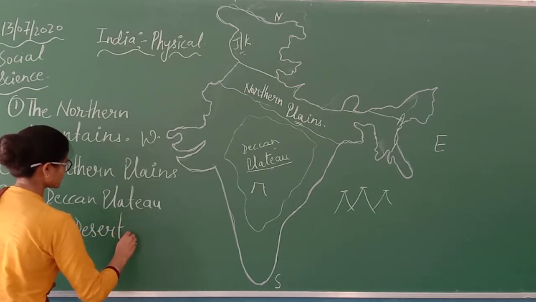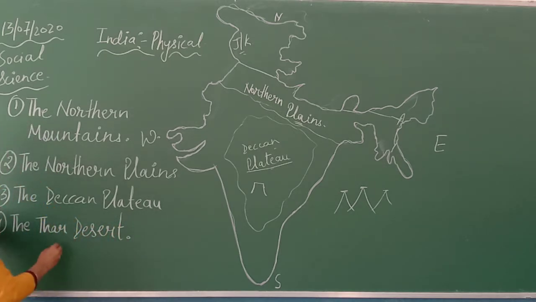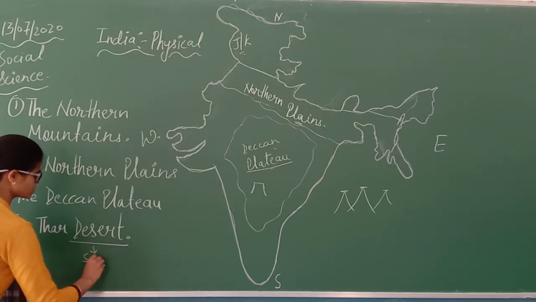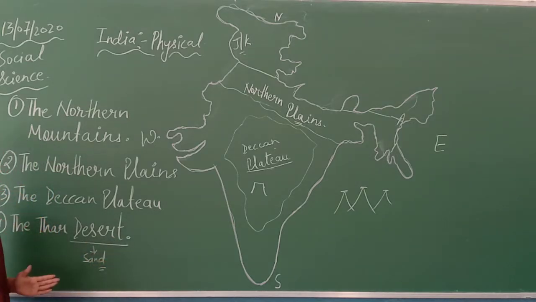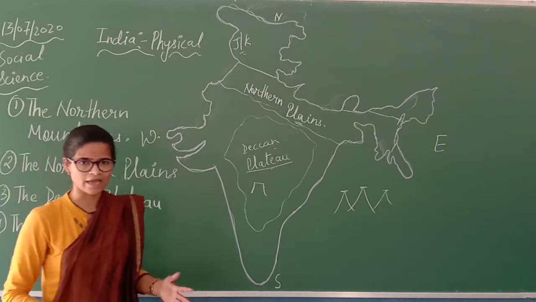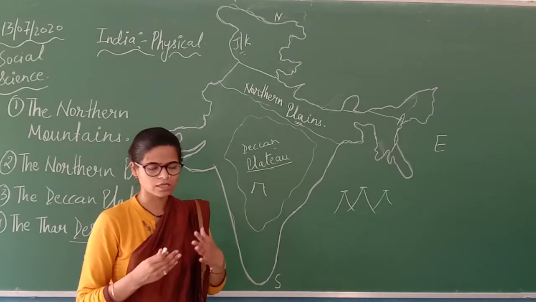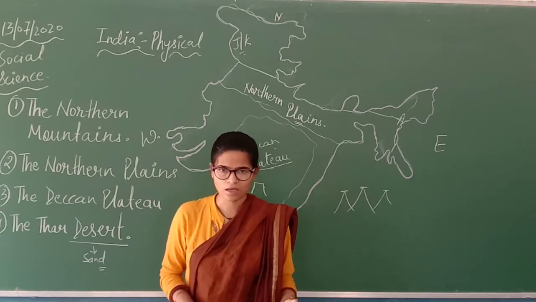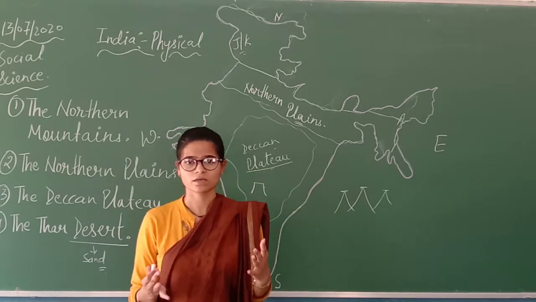The Thar Desert. Now, as we are saying desert, a desert is an area which is full of sand, an area where there is sand with a hot climate.